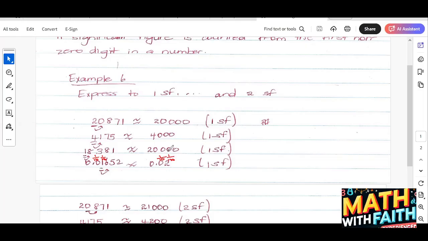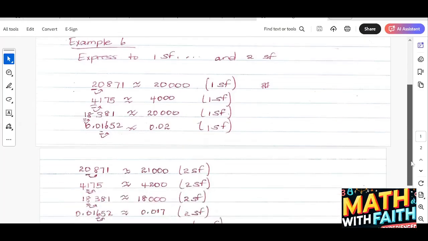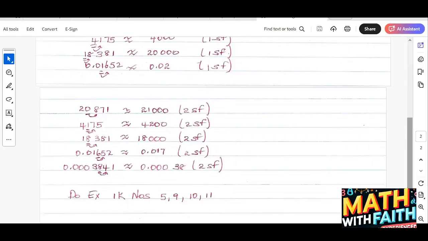Now, let's look at the approximation to 2 significant figures. Look at 20,871, right? So remember, this 0 is our second significant figure.